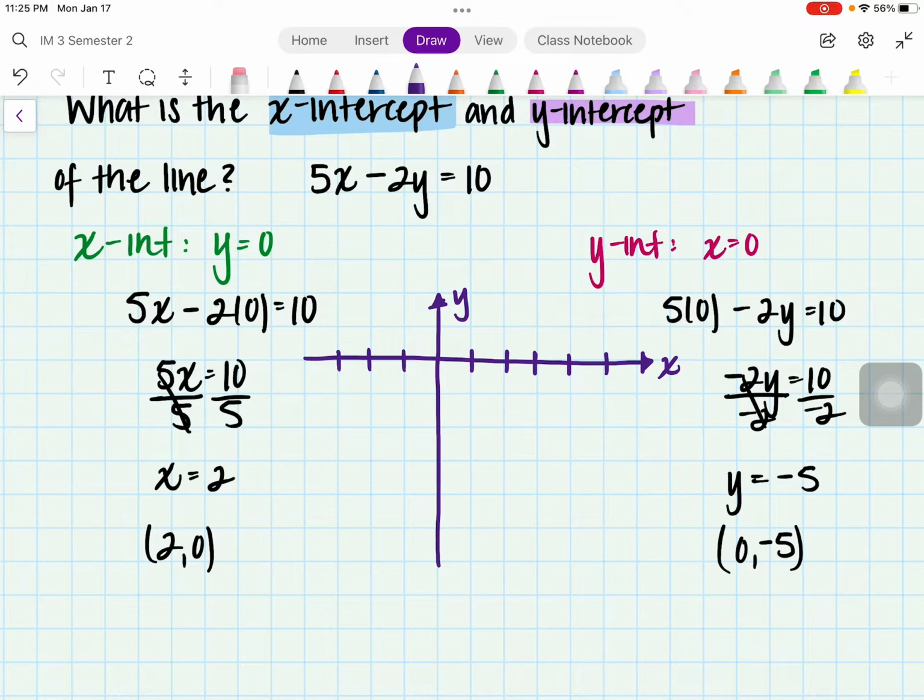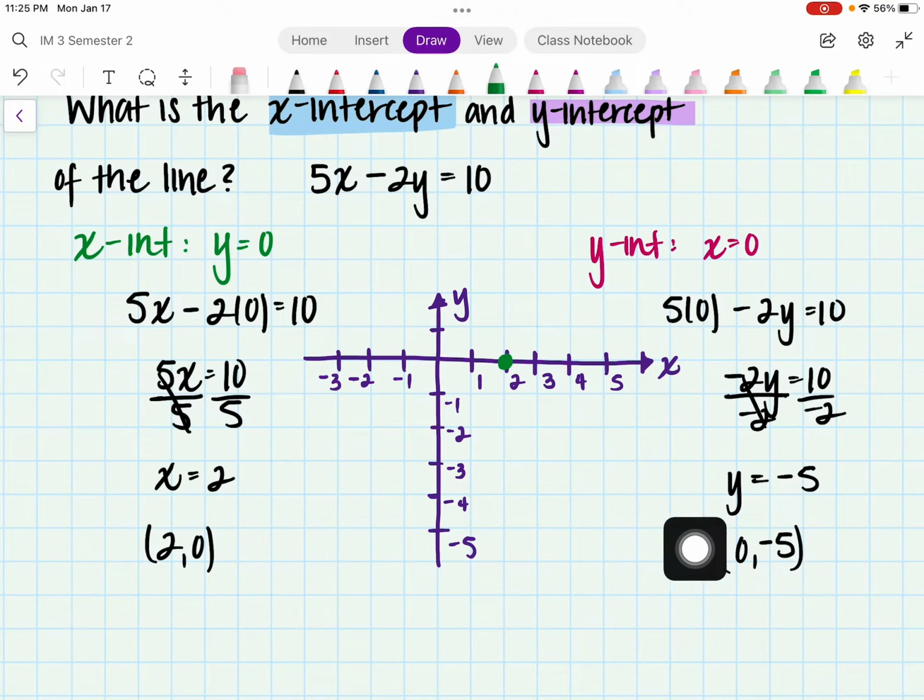I have 1, 2, 3, 4, 5, and negative 1, negative 2.